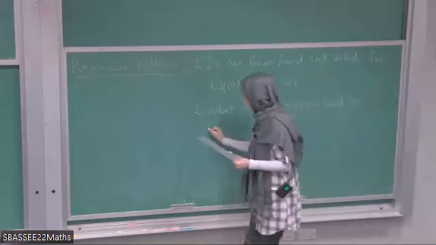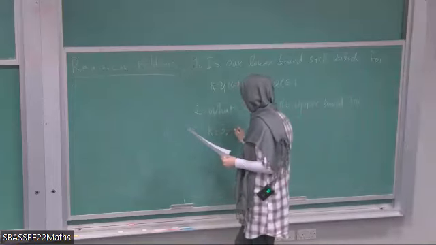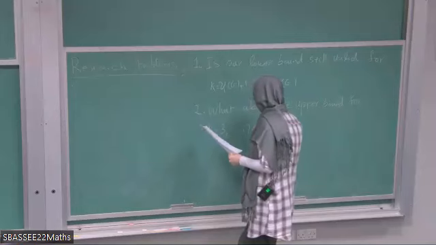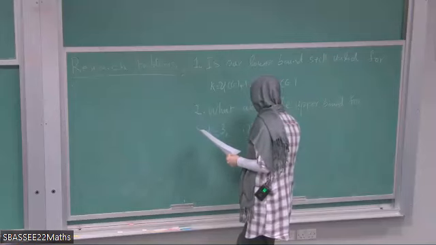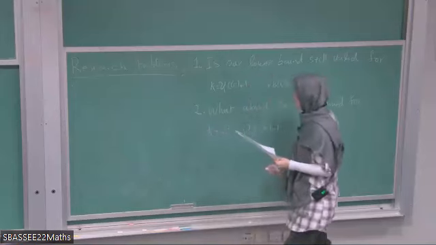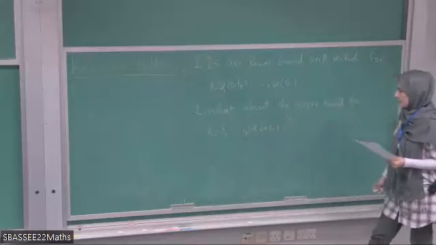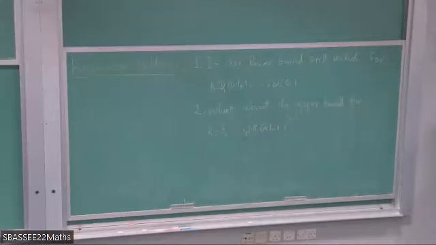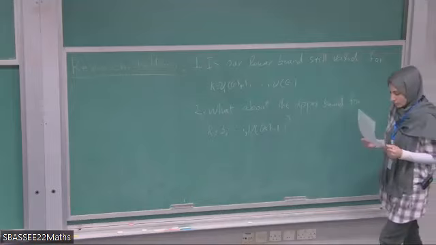So for k equal to 3 to nu minus 1, check if the same upper bound really works, or whether you should make some changes.